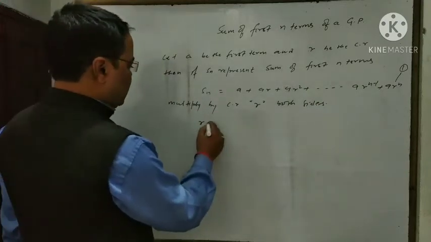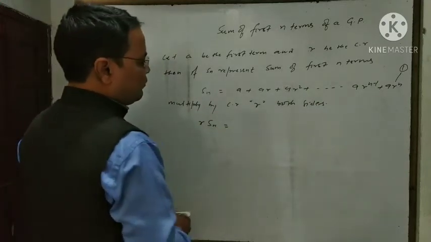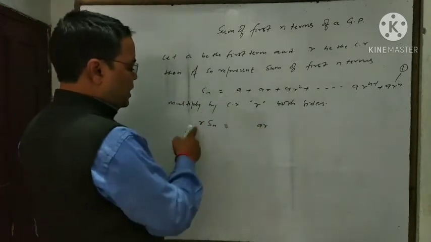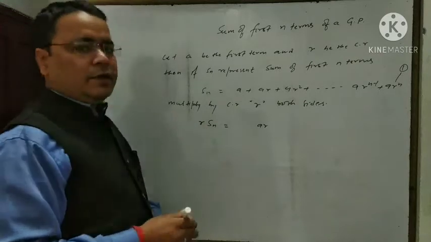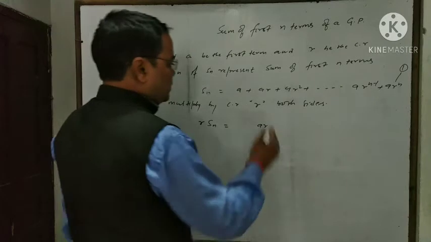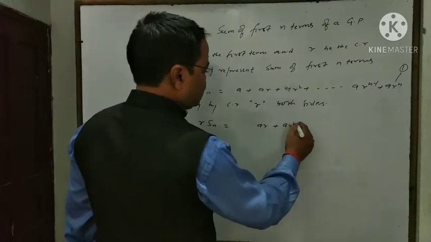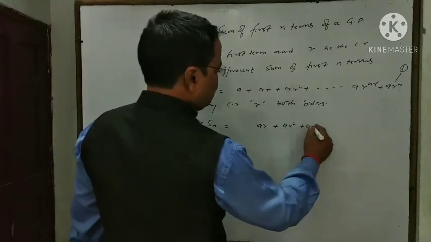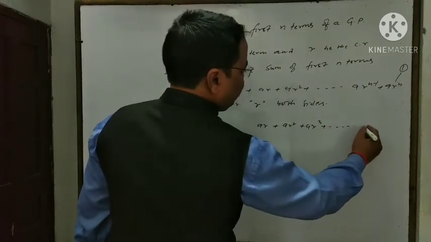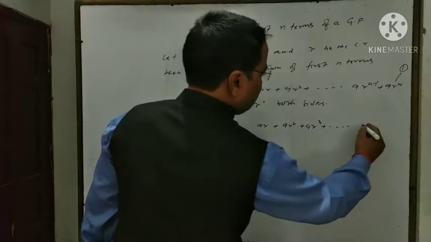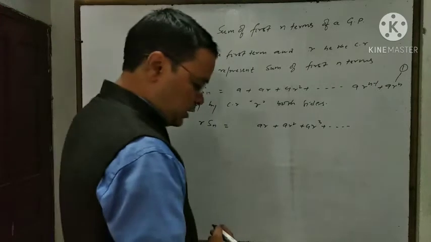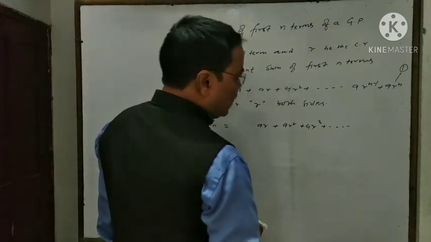It will be r Sn is equal to ar. If a is multiplied by r, it will be ar. And listen, we put this ar just below this ar. The second term will be ar square. The third term will be ar cube, up to here. The second last term will be ar to the power n minus 1.